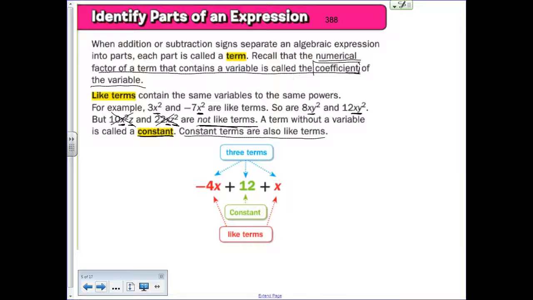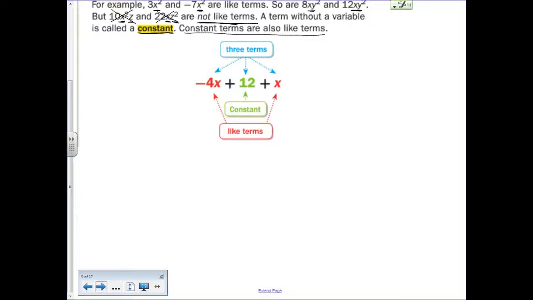So let's take a look at this little chart that they have here. I do want you to copy just this negative 4x plus 12 plus x down. And we are going to label it a little bit differently, just so you don't have to write as much, but it will still make sense.